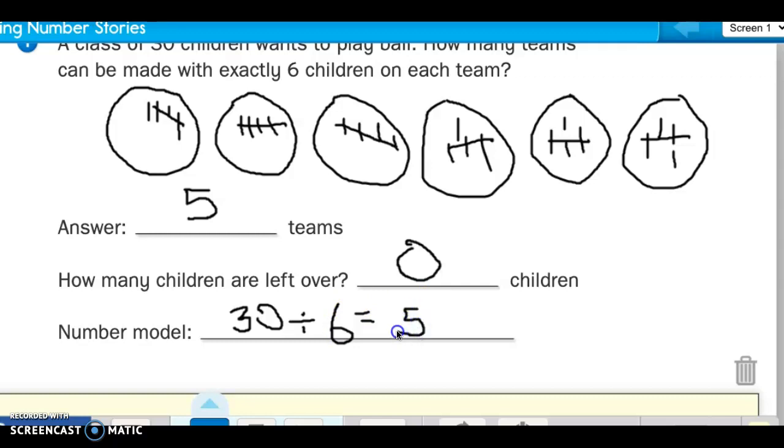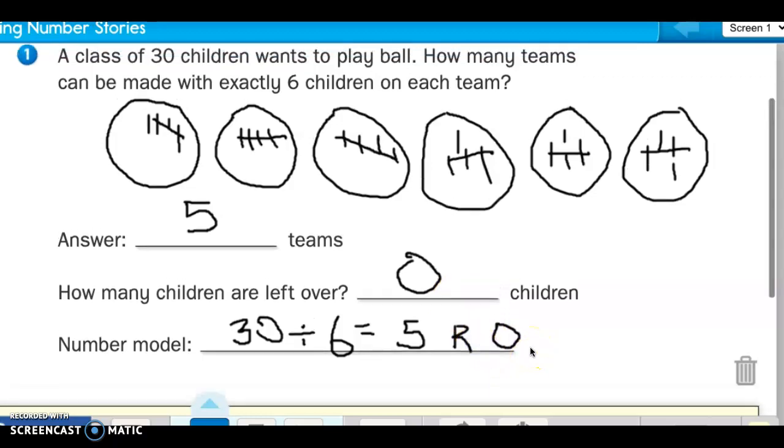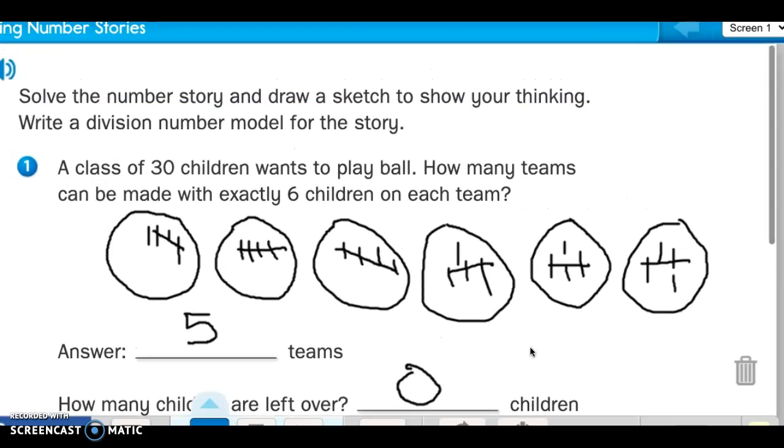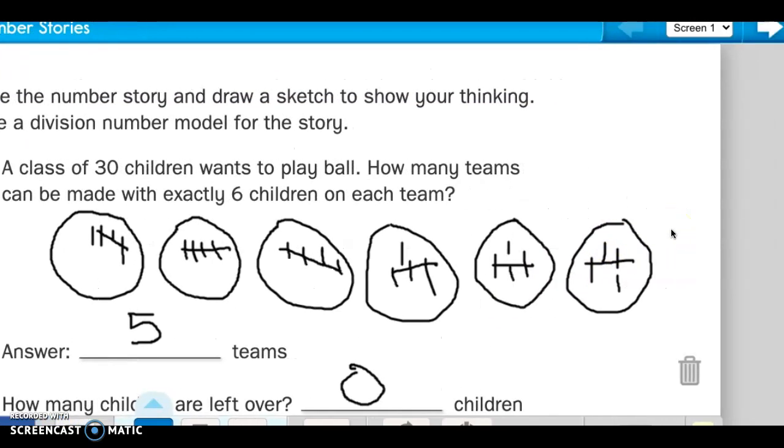And remember, when we have anything left over, we call it a remainder. So for this one, our remainder is 0. We have nothing left over. So it's remainder 0. That is how we would put our number model. Okay, now we're going to the next screen.